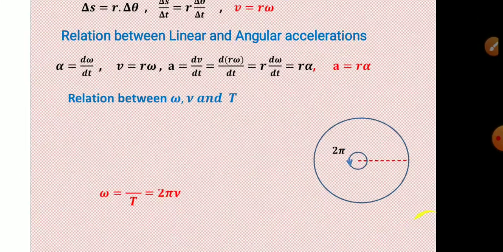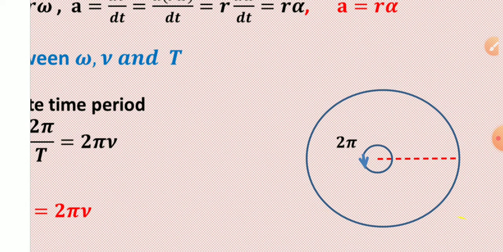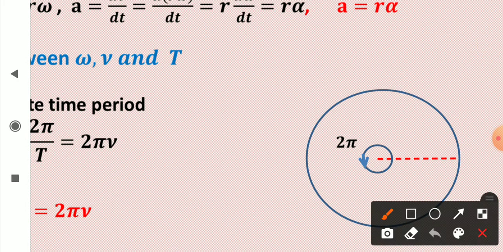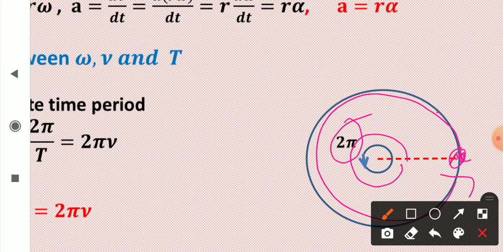Okay, now let us consider its motion for one time period. If you consider the motion for full one time period, the angle subtended at the center will be equal to 2 pi, right?